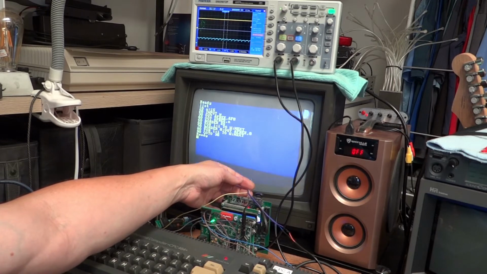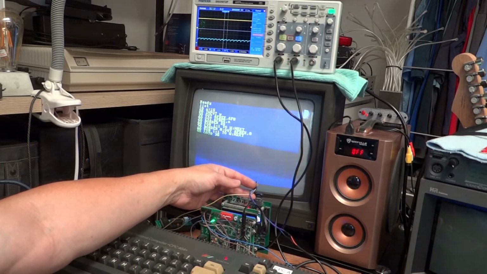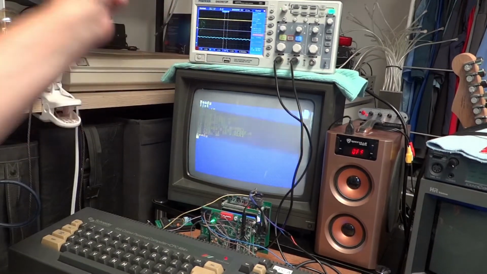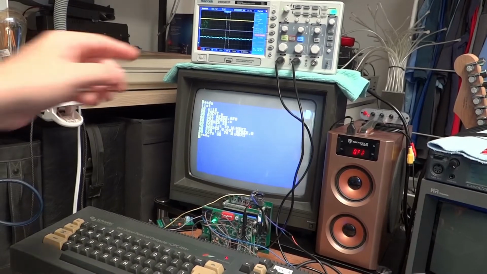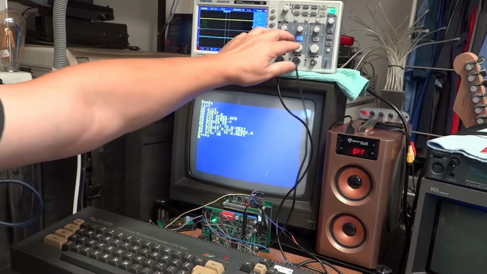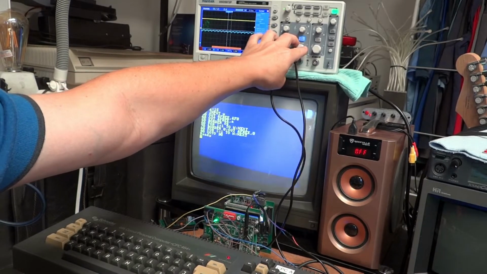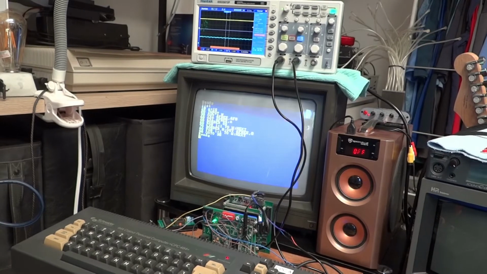That of course depends on the brightness of the screen. One of these squares in the oscilloscope is 20 milliseconds, and you can tell that on average this signal is 20 milliseconds, so exactly 1 CRT frame.